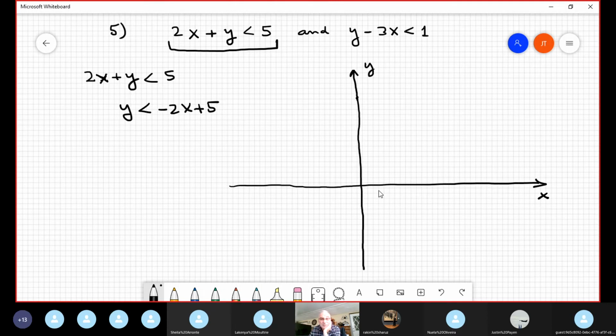Okay, the y-intercept is 5. 1, 2, 3, 4, and 5. This point is the point 0,5 because I seek the y-intercept. And 2 down and 1 to the right. This second point is the point 1,3. Okay, 1,3. And we connect this with a dotted line.